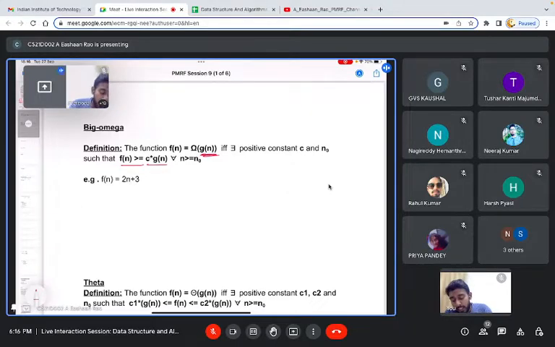So if you put g of n equal to n, simply we know that n is less than or equal to 2n plus 3, and for this particular n0 we have to find from what value of n0 it should start.